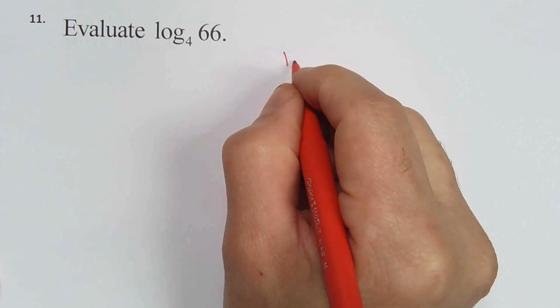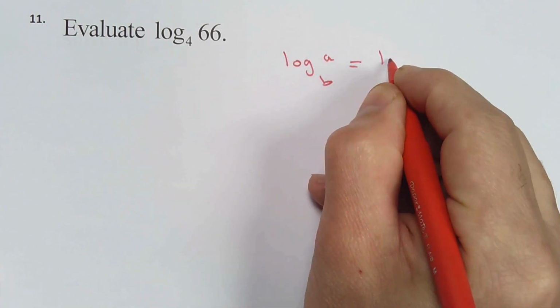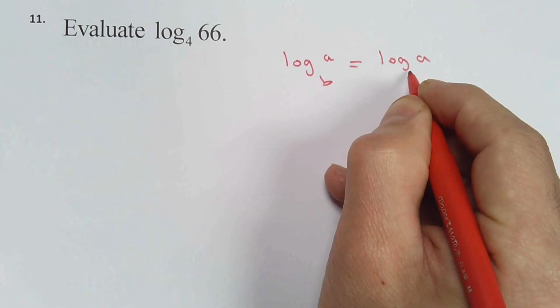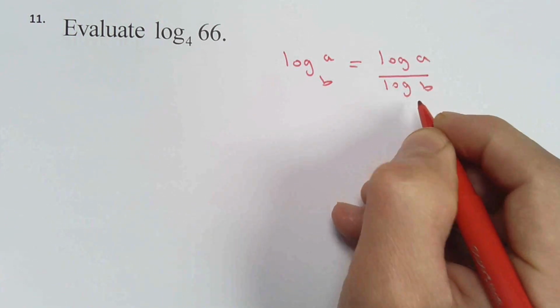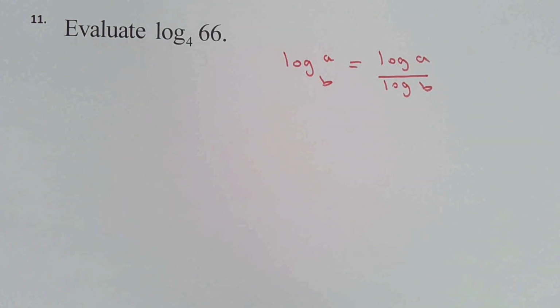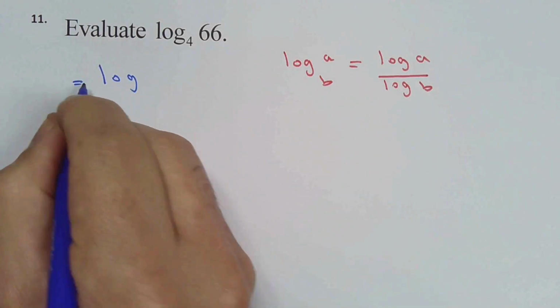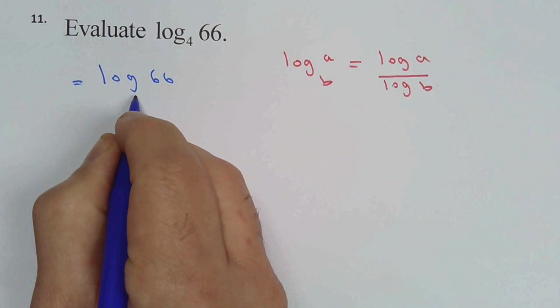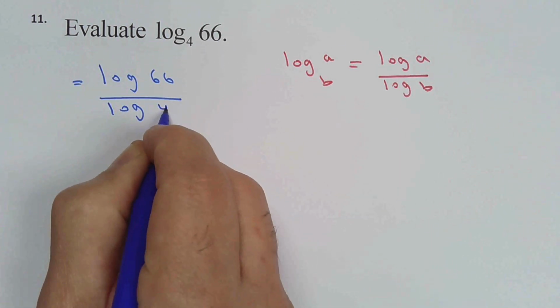Log 66 over log 4. This is called the change of base formula. The formula says log A base B will equal log A base 10 over log B base 10. So the problem is now log 66, I don't have to write base 10 if it's common log, over log 4.